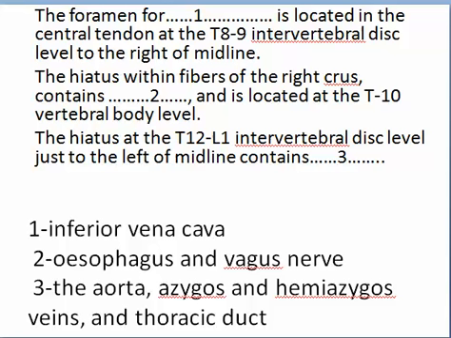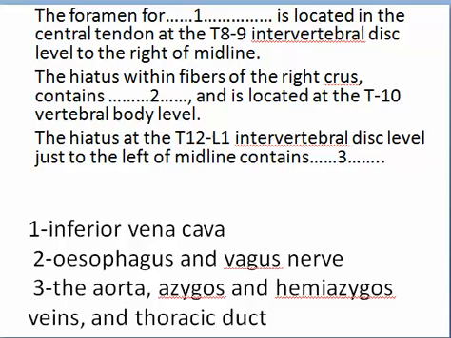The foramen for what is located in the central tendon at T8 intervertebral disc level to the right of the midline? It is the foramen for the inferior vena cava, at the central tendon at the level of T8-9 intervertebral disc, right to the midline.